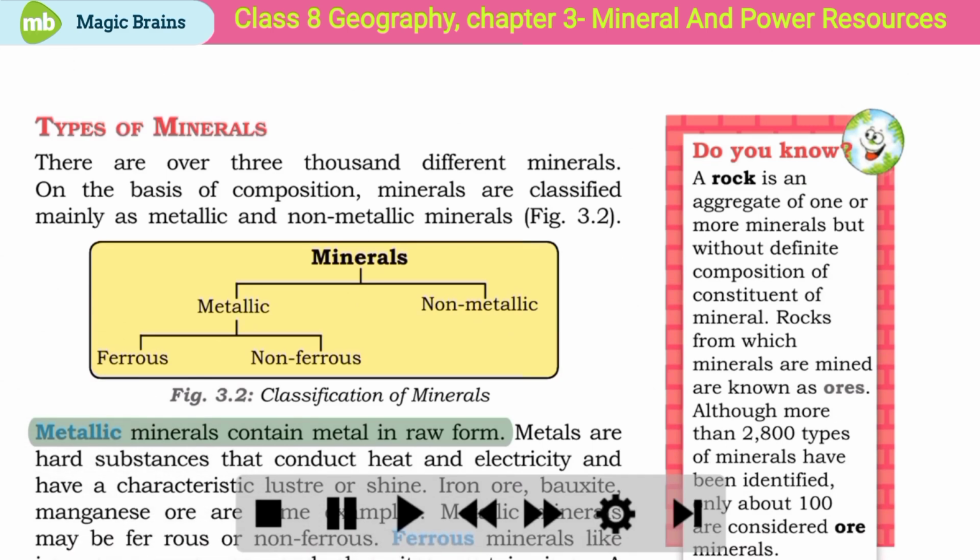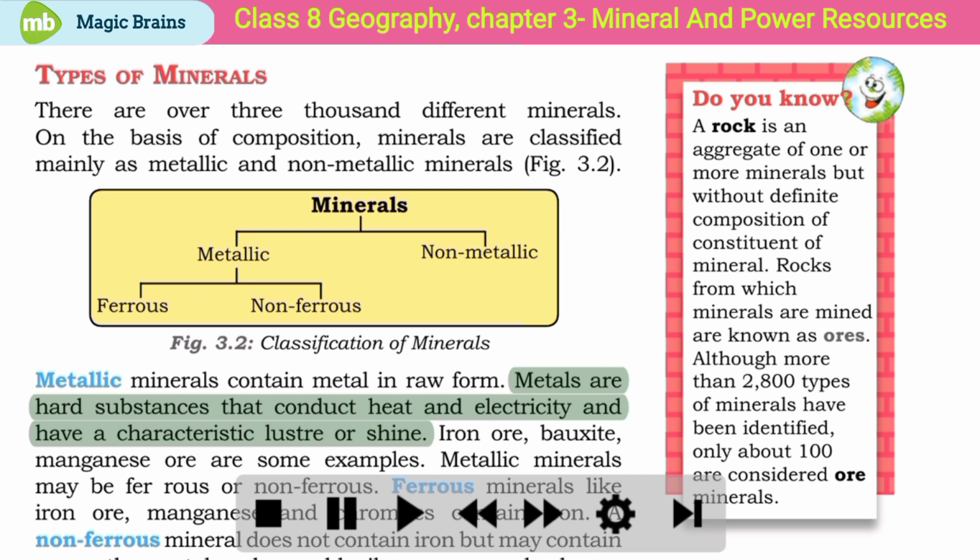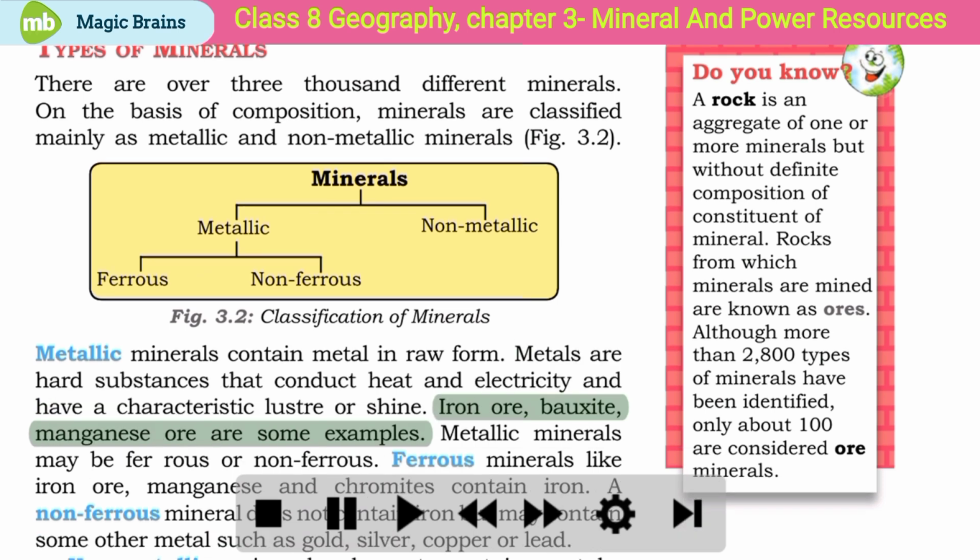Metallic minerals contain metal in raw form. Metals are hard substances that conduct heat and electricity and have a characteristic luster or shine. Iron ore, bauxite, manganese ore are some examples.